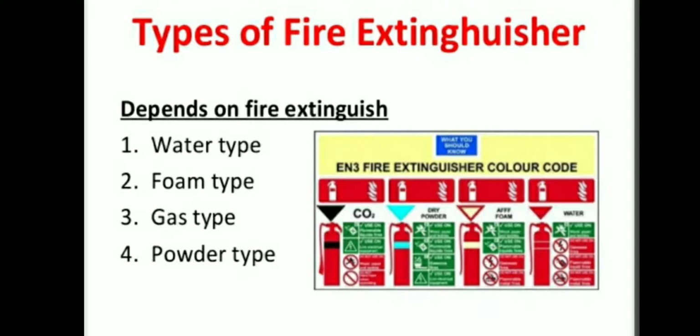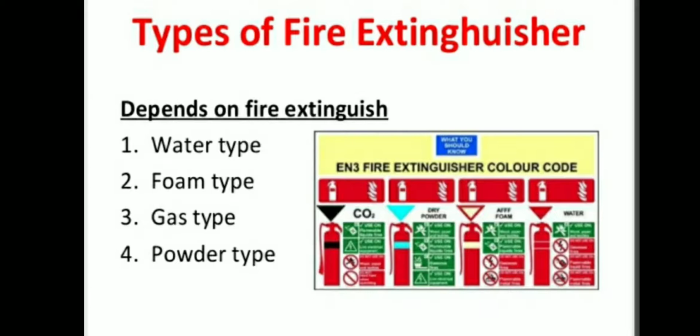I told you fire can be extinguished by cutting any of the fire triangle parameters, that is heat, oxygen and fuel. When we throw water on wood or some fire, it extinguishes the fire because it gives a cooling effect on top of that fire.